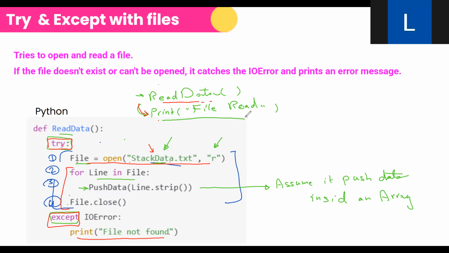I think this needs a little bit of testing from your side. Please try to write this code. So every time that you try to open a file for reading or writing, preferably you put them in try and accept.